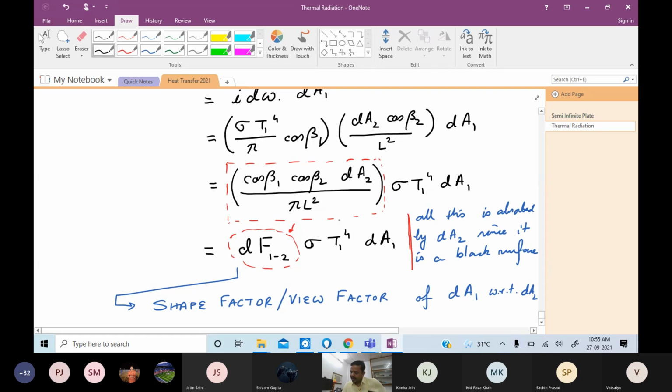And this dF12 is the fraction of that energy that reaches, or is intercepted by, dA2. So when a surface emits radiation in all directions, the fraction which reaches another surface is called the shape factor or view factor.